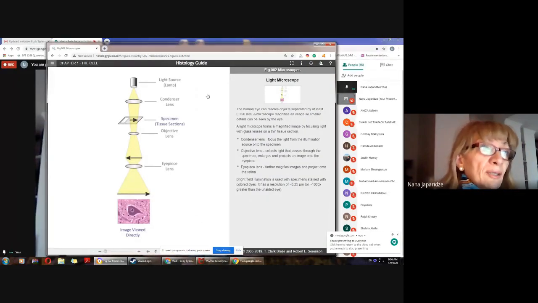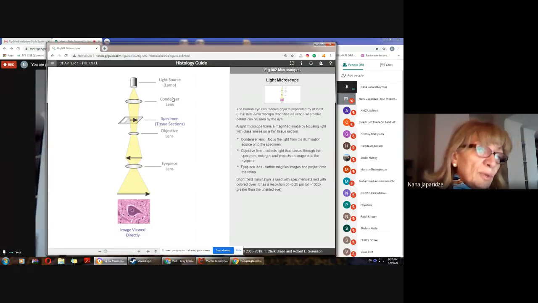It has a source of light, which is a lamp, and this beam of light moves through a system of lenses called condenser lenses, usually located beneath the stage. The stage itself is where the tissue sections are placed. The condenser lenses focus this beam of light on the tissue sample.